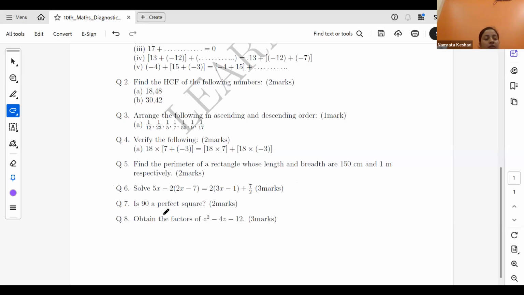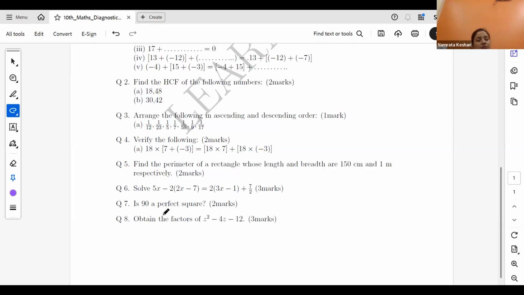You can tell me, is 90 a perfect square number, Salwa? You can check it. Is it a perfect square? If it were inside the root, would it be possible for us to take it out from the root sign? Because 4 is a perfect square number, 9 is a perfect square number.